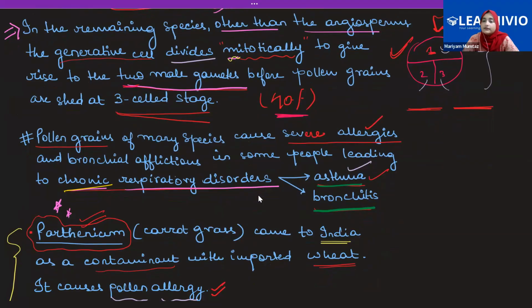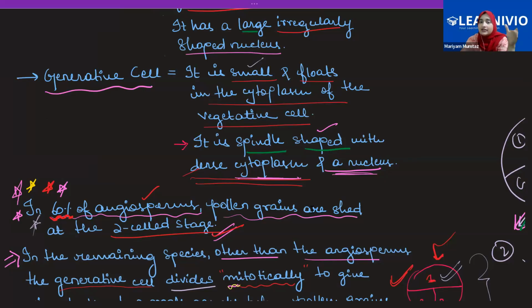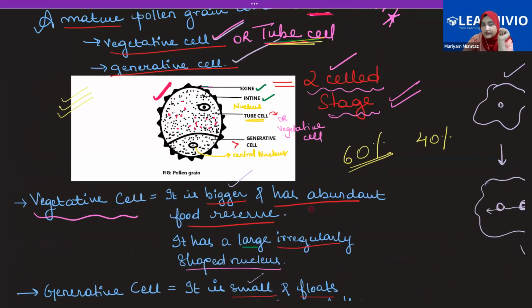Ma'am, could you explain again the 40% and the 60%? See, in 60% of angiosperms, meaning the majority of the angiosperms, the pollen grains are shed at the two cell stage, when they have one generative cell and one vegetative cell.